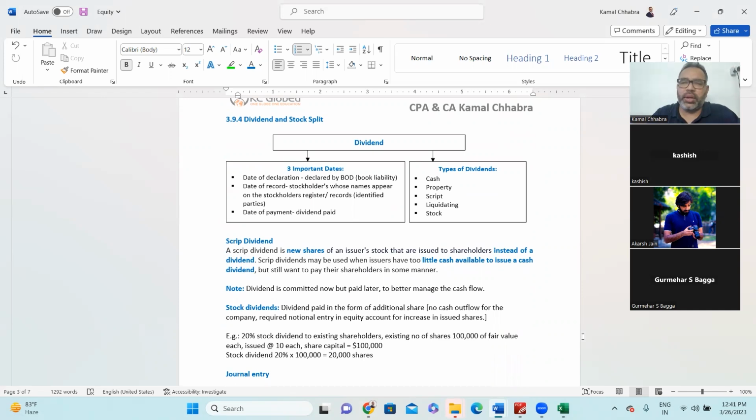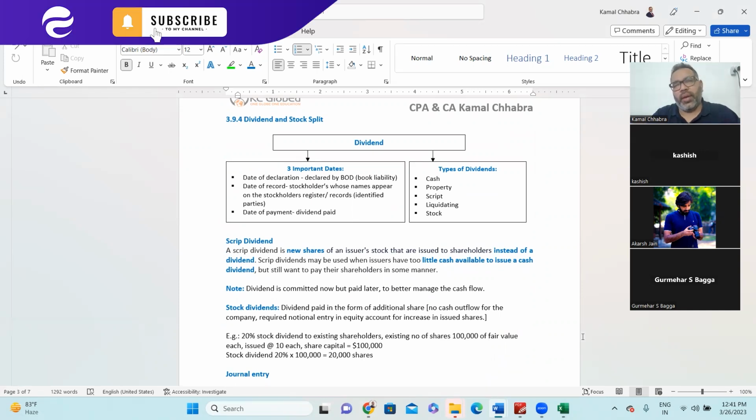If it is accumulated, then you can accumulate period over period and pay when you actually have profit. Or when it is non-accumulative, then it will become your liability at the year end when it is due, and you need to pay accordingly.